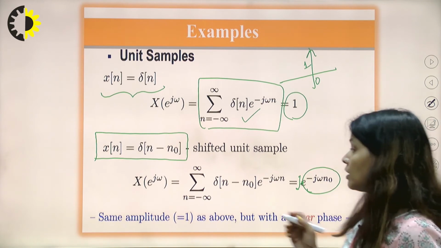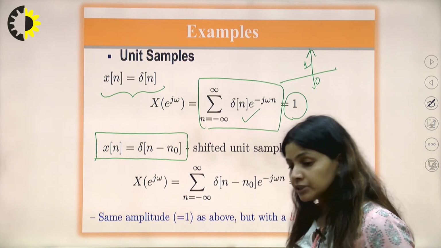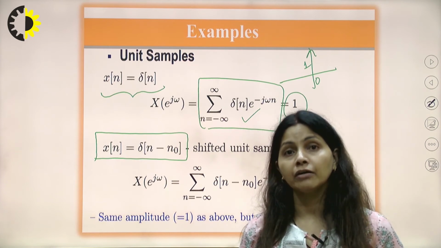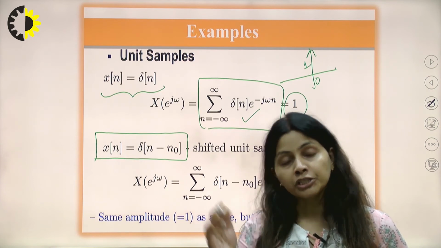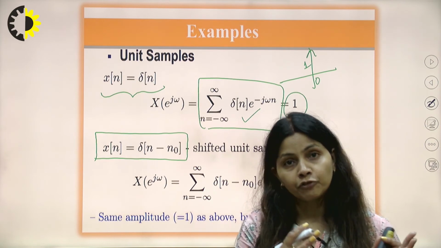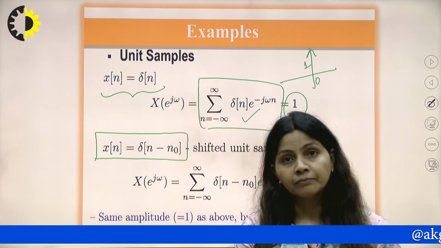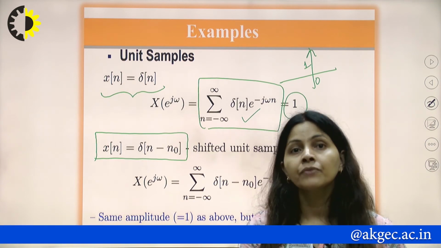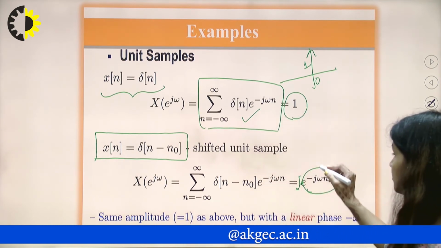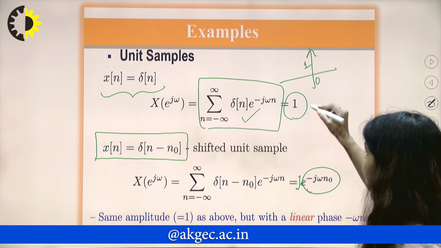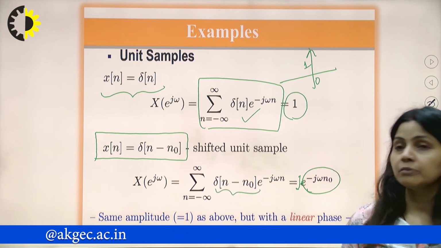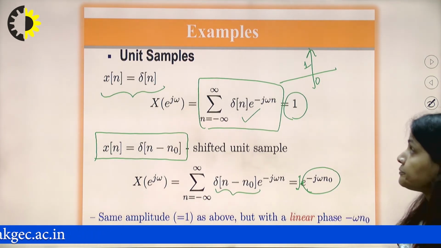As we have seen for X(j omega) in continuous time, in the shifting property, if we shift the signal x(t) by t naught, then the Fourier transform will be X(j omega) times e raised to the power minus j omega t naught. Similarly here, this term is getting multiplied with the DTFT of delta n. So this is one important technique.